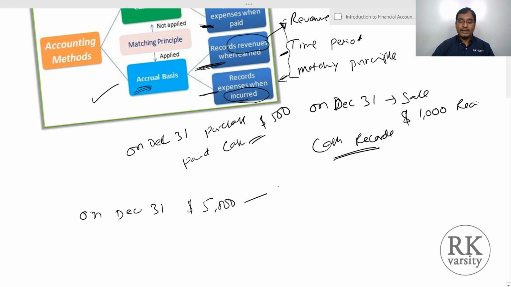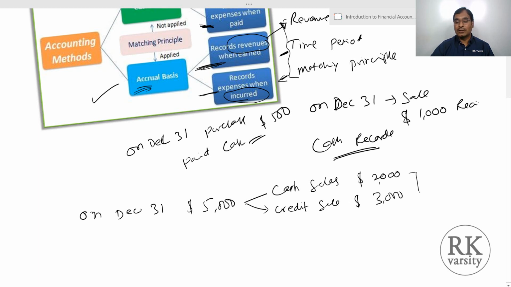In this, you have a cash sale of $2,000 and a credit sale of $3,000. So your total sale is $5,000.